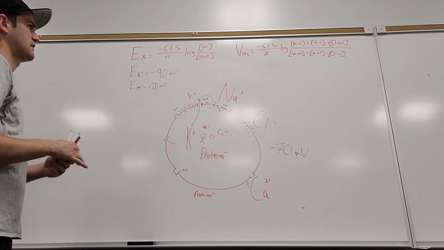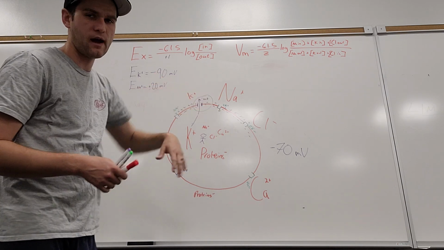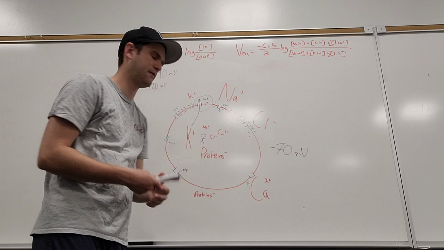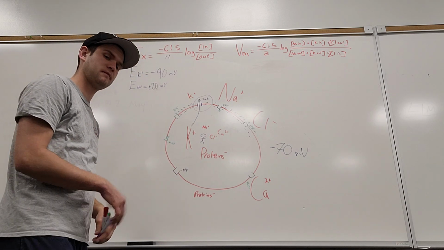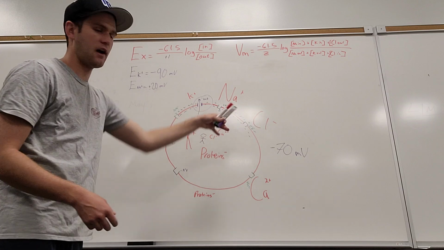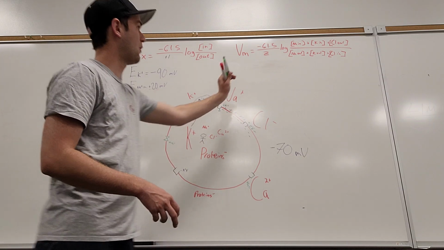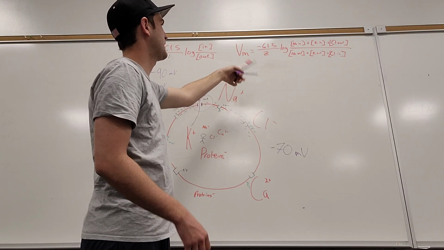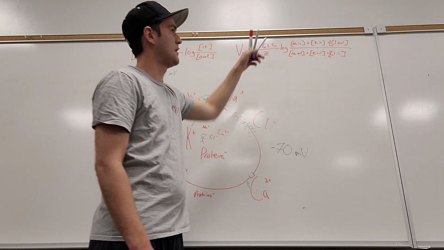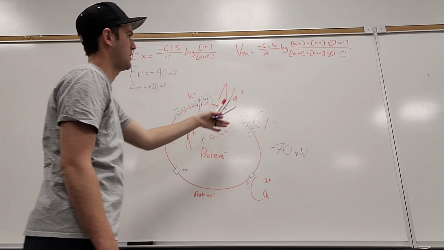Okay, so now let's move over here, because we know we can't just do one ion. There's multiple ions that have effect on the cell membrane, right? Our potassium is the only one that's very permeable to the cell. But these other ions are still kind of leaking in, having some effect on it. So then we have our Goldman's equation, which is our membrane voltage is equal to essentially the first part of our Nernst equation, but now we're considering all of the ions, not just potassium, not just one, okay?